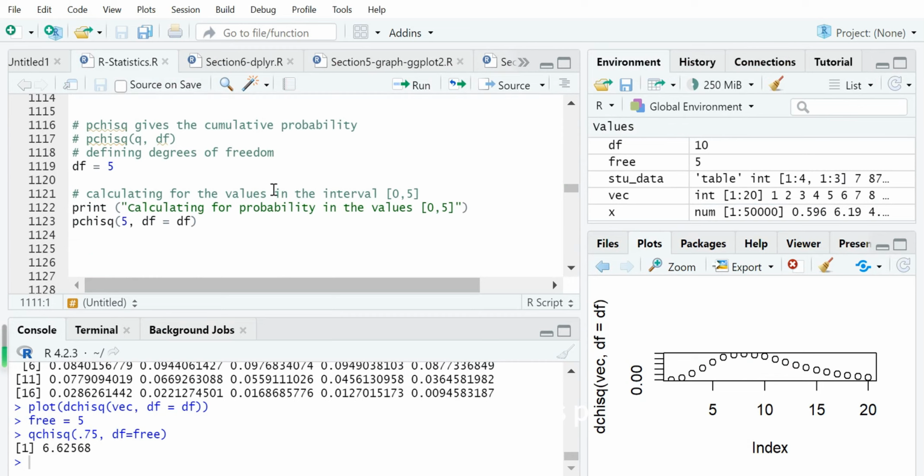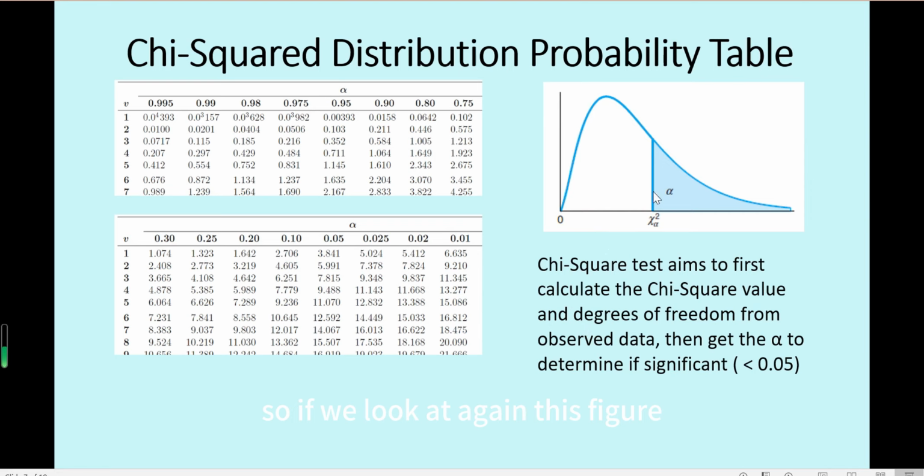So the next function is pchisq. It is actually the opposite operation of qchisq, because here we set the degrees of freedom and use pchisq to calculate the cumulative probability of a critical value. Which means we calculate the probability for all random variables less than this value. If we look again at this figure, for pchisq we will calculate this white area probability.